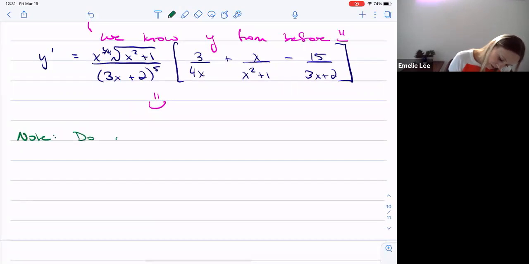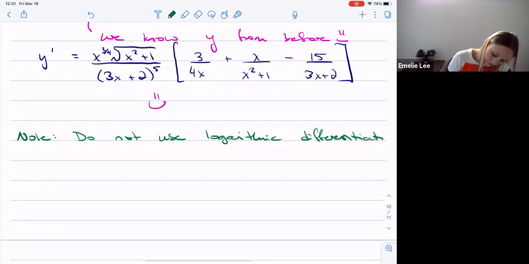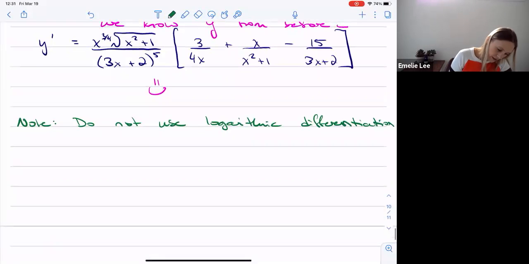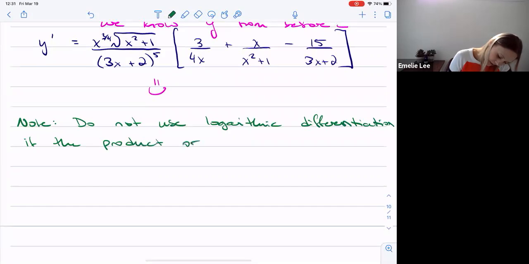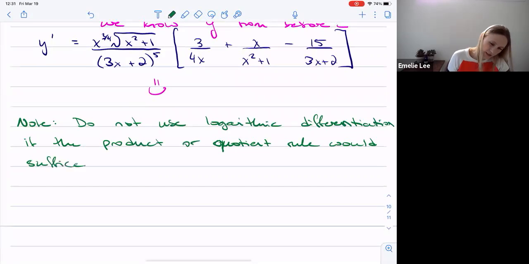So do not use logarithmic differentiation if the product or quotient rule would suffice. That's just a little heads up, right?